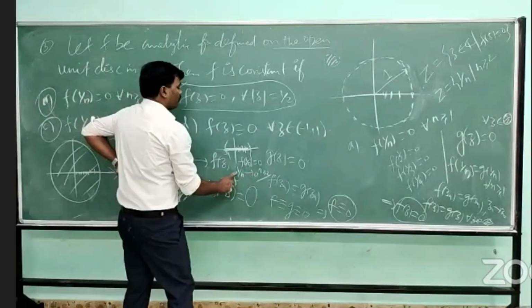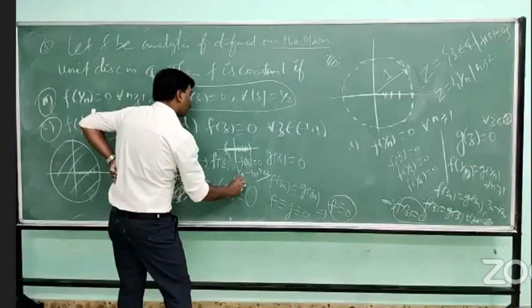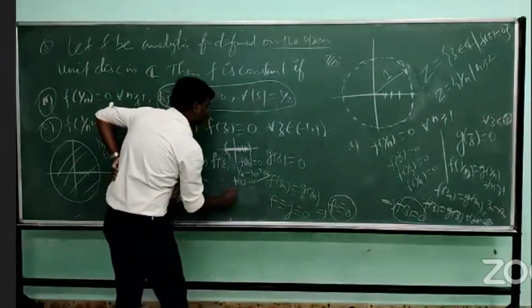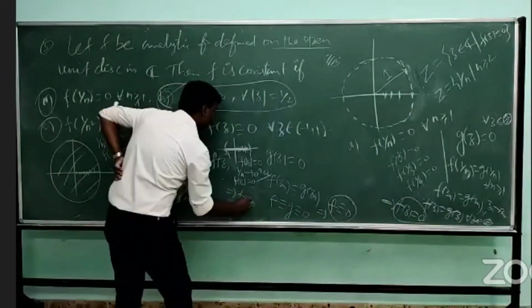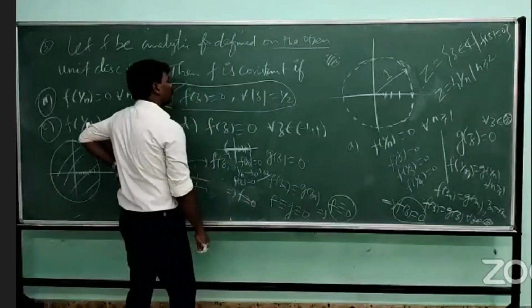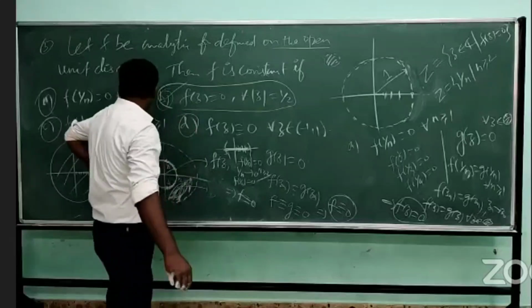So 1 by n goes to 0, f of Zn vanishes for every n, which implies f is identically 0 throughout. So f is equal to 0 throughout, which implies f is constant. So all the options are correct.